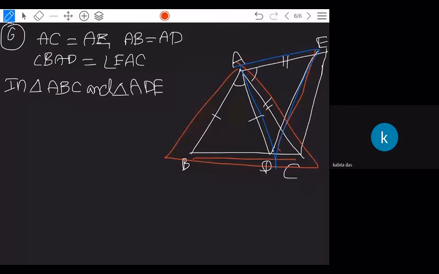I can see ABD, I can see ACE. In this figure, for some people's perception, they are going to see triangle ABD and triangle ACE. Both triangles are possible, but can you prove the two triangles congruent? No. And if you prove those two triangles congruent, you cannot prove the required result here.